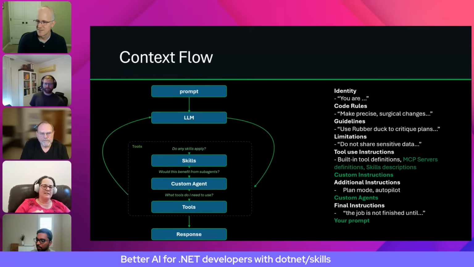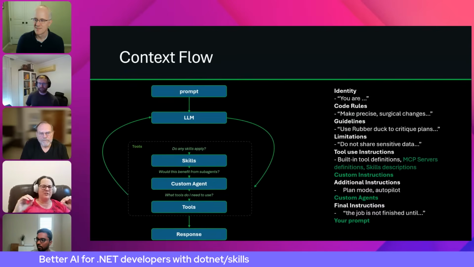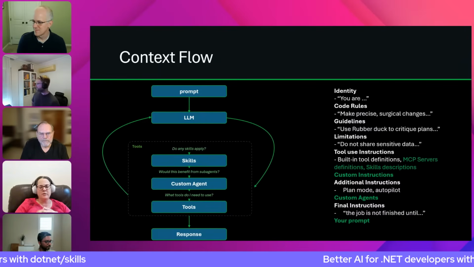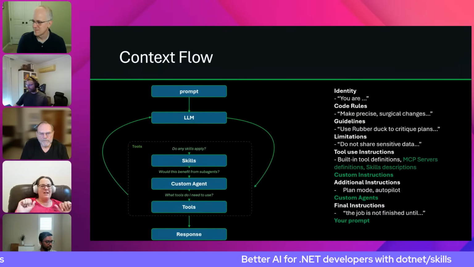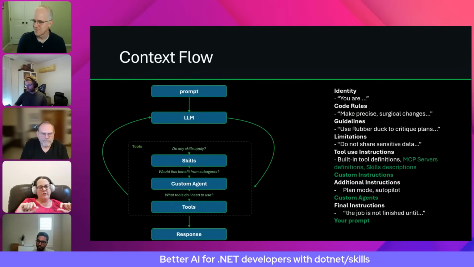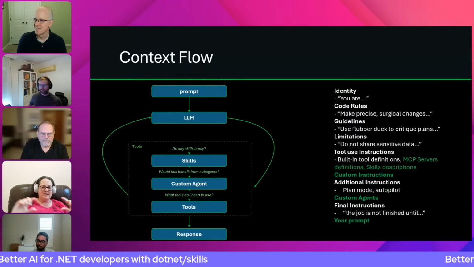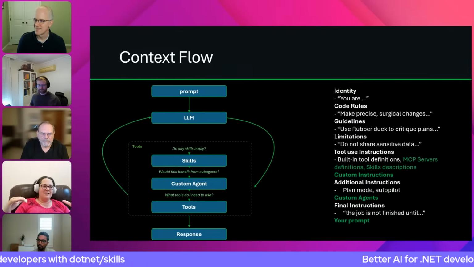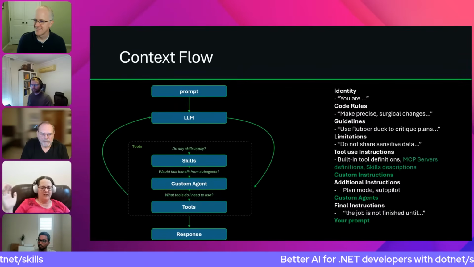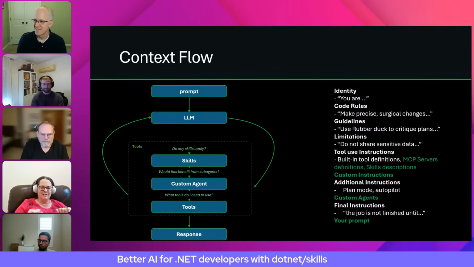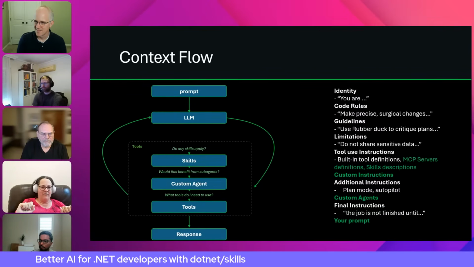If you've selected to be in plan mode or in autopilot, there's a special set of instructions that it needs in order to abide by those rules. Then any custom agent descriptions that you've installed will be displayed there. And then finally, there's a set of final instructions that the system provides. The job is not finished until and so on. Then your prompt, the thing that you typed into the chat window, is applied at the very, very end.